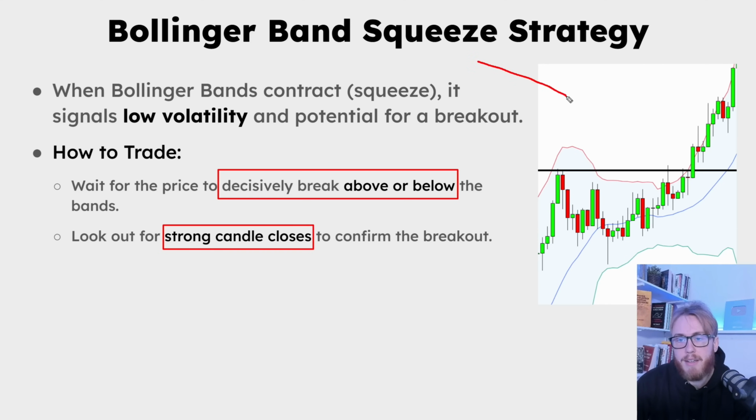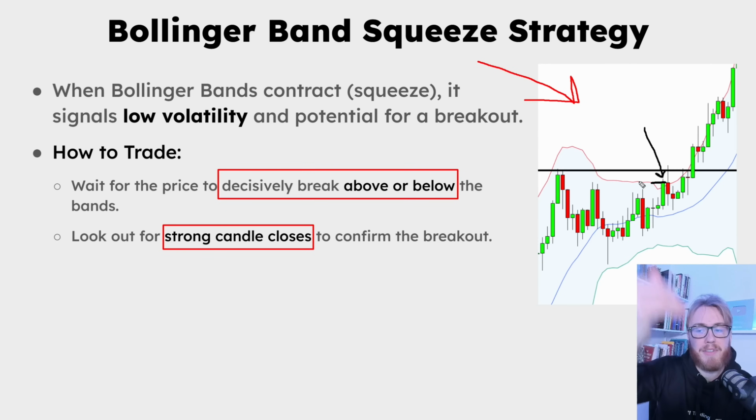So let's once again switch the attention here to the image. And the first thing I want you guys to notice is that the candlesticks here are inside of the bands until a certain point. You can see here that for a very short while on this green candle right here, the candlestick slightly pushed above the band. So some traders might say, isn't this a breakout above the band?